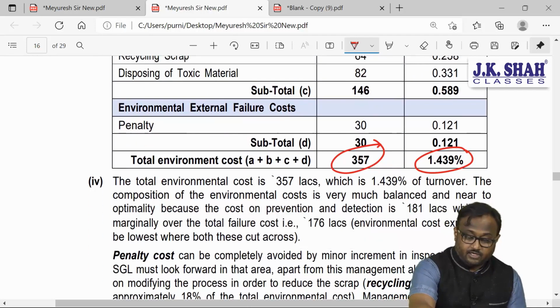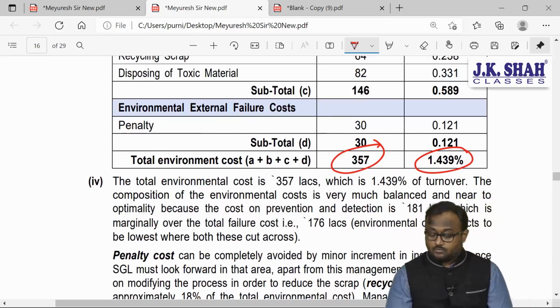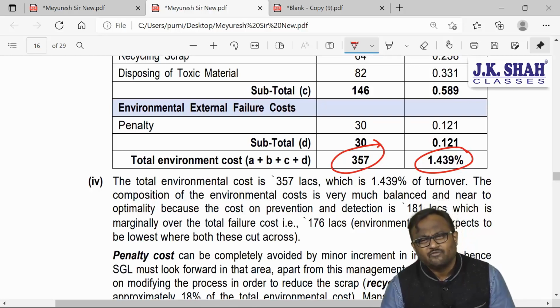So 357 lakhs divided by that, around 1.4 or 1.5 approximately you are spending on environmental cost.